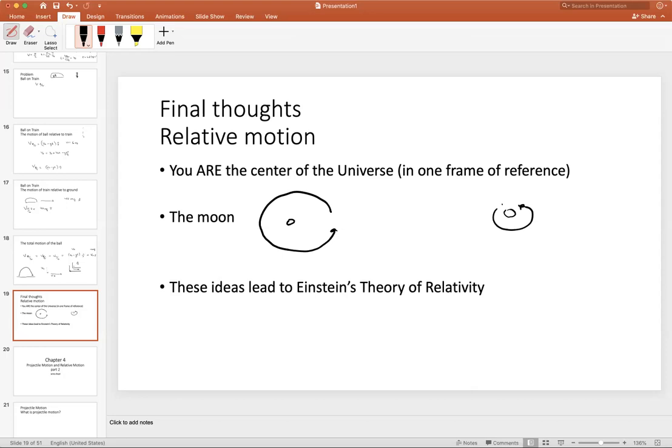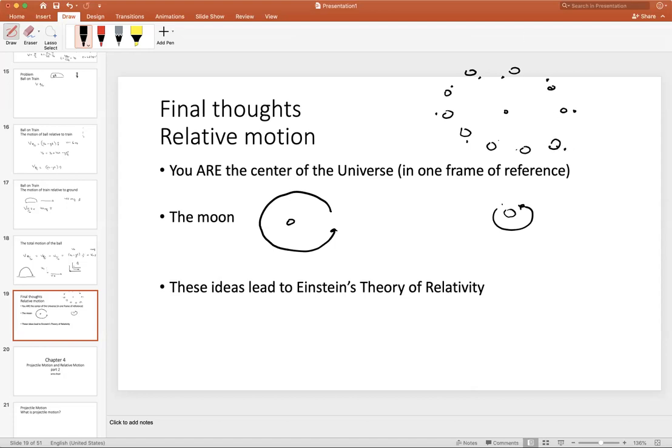However, if the Earth wasn't there, what you would actually see is that the moon begins here, and in the next part, it's moved a little bit further, and in the next part, it's over here, and so on.